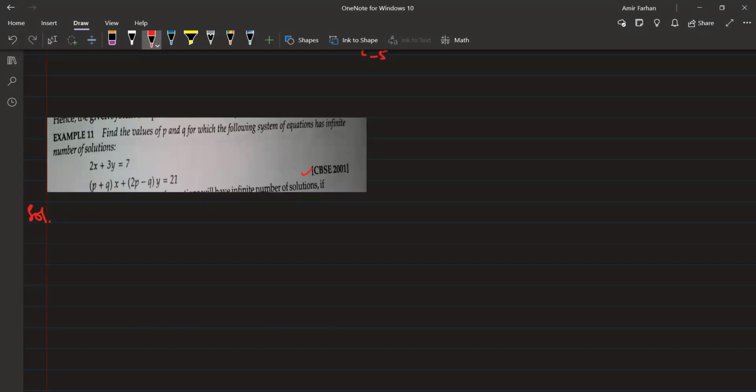The one we learned yesterday, like A1 by A2, B1 by B2. What is the relation for infinitely many solutions? Intersecting lines. I'm asking the ratio which represents infinitely many solutions. Adil and Faz, respond. Any answer?